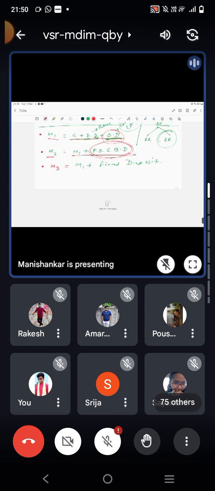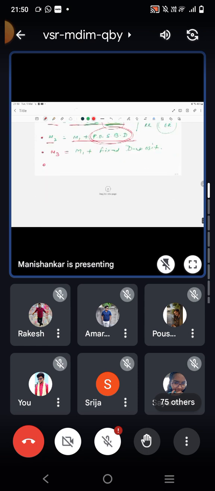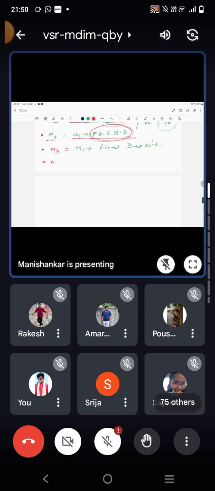And when you consider M4, that time M1 plus your post office savings bank deposit plus our fixed deposit or term deposit. Okay, so that is our M4.